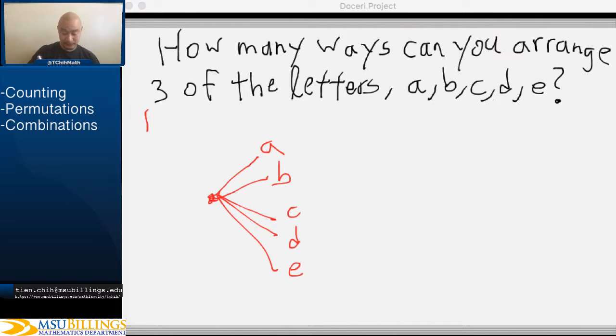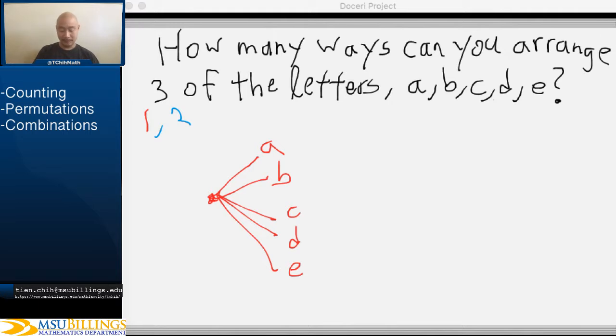Now, let's go from one letter to two letters. Once we have two letters, we should note that every arrangement has to start with some letter. And already over here, you can see that I already have all the ways that my arrangements could start, right? All my arrangements of two letters either start with an A or B or C or D or an E, right?